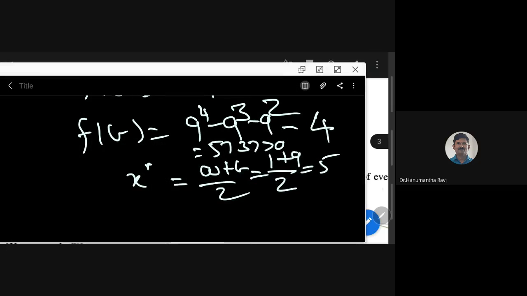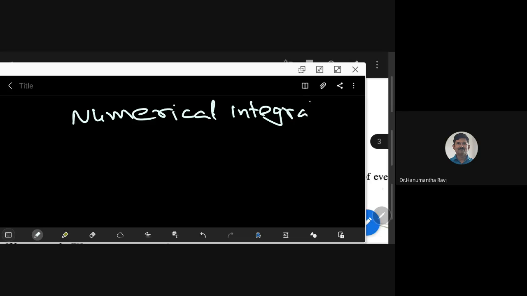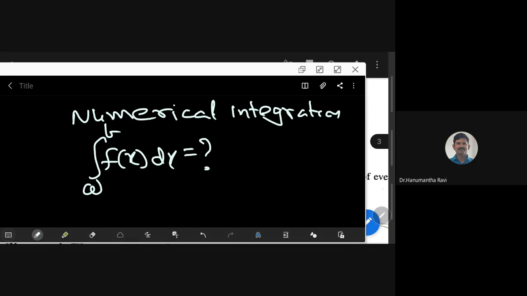Usually when it comes to numerical integration, integration of f of x dx from a to b, you need to find it numerically using some numerical technique.